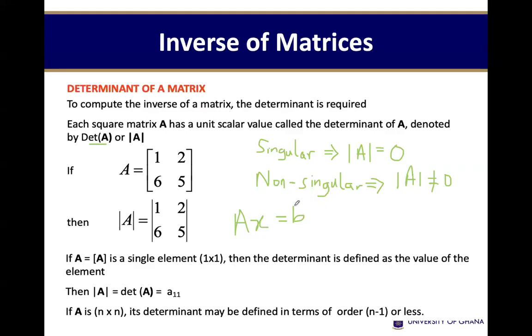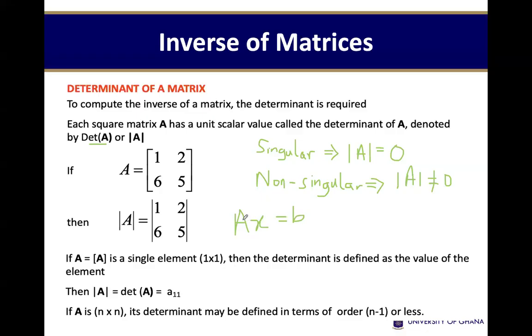So at the end, we can establish them like this. What do we have? We know A, we know B, but we don't know X. So our key thing is to make X the subject. Making X the subject cannot be X equals B over A. No, that's not how it's done. Rather, we find A inverse and multiply it on both sides. A inverse multiplying A gives us the identity matrix, and we have A inverse multiplying B here.